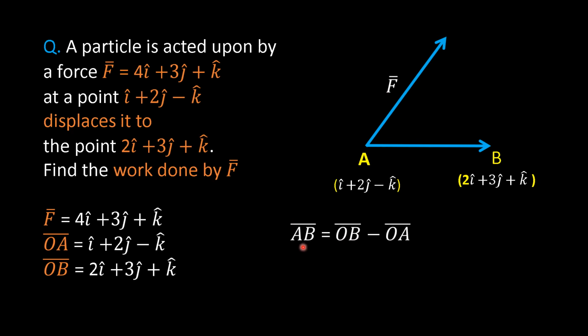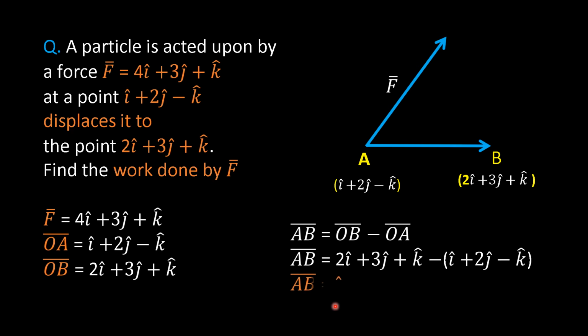Now we know AB bar equals OB bar minus OA bar, which will be 2i cap plus 3j cap plus k cap minus (i cap plus 2j cap minus k cap).